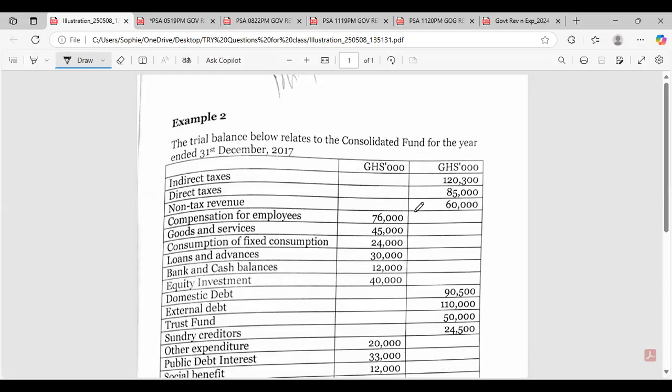So please, to give you a check, when you have a question like this, at any moment in time, we know that the double entry is telling us that anything that is a revenue will have a credit balance. So revenue items, you should see them at the credit side.